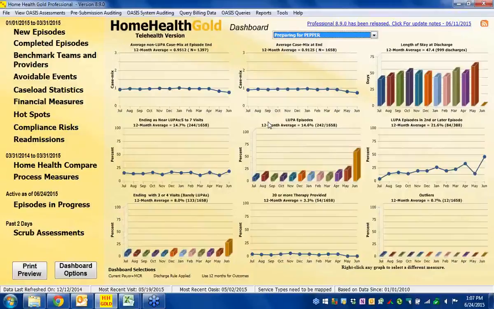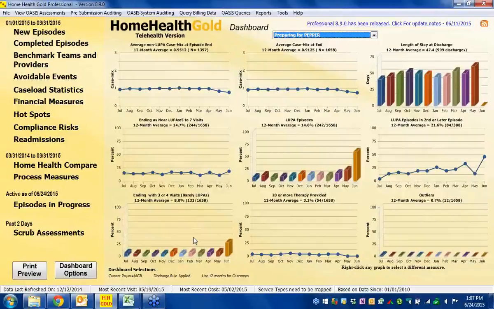But there are measures about agencies that can be looked at to see which agencies maybe are being reimbursed at the highest level for certain measures. And these are the measures that are specific to what they'll be reporting on. So this may be something that you want to keep your eye on to see if there's anything that really looks like you're way out of line of where others may be in regards to some of these LUPA measures or average case mix weight, things that again are indicative of possibly being on the extreme.